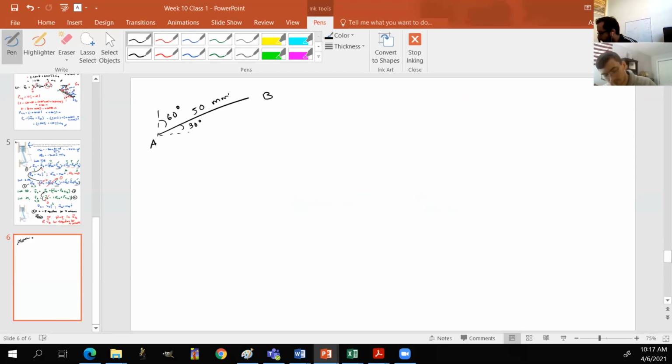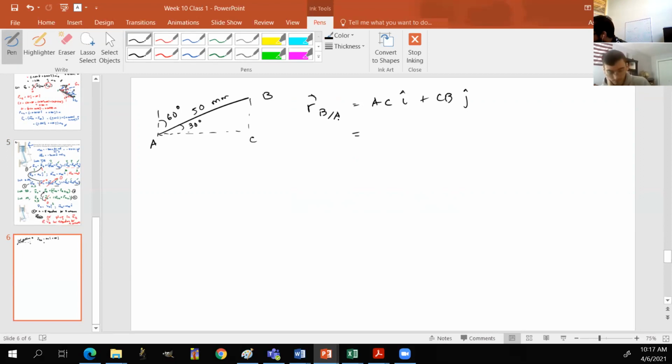So what you need to do is that R of B relative to A, let's say that that's point C. So you're going to go AC in the I hat direction, and then you're going to go CB in the J hat direction.